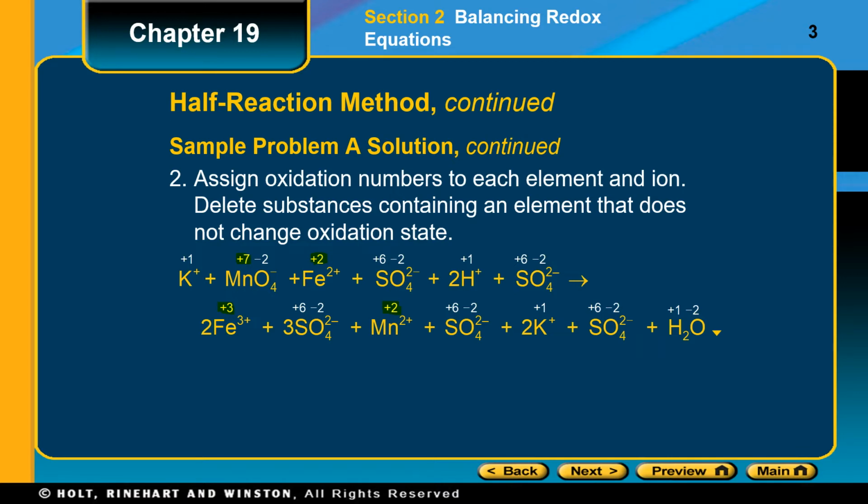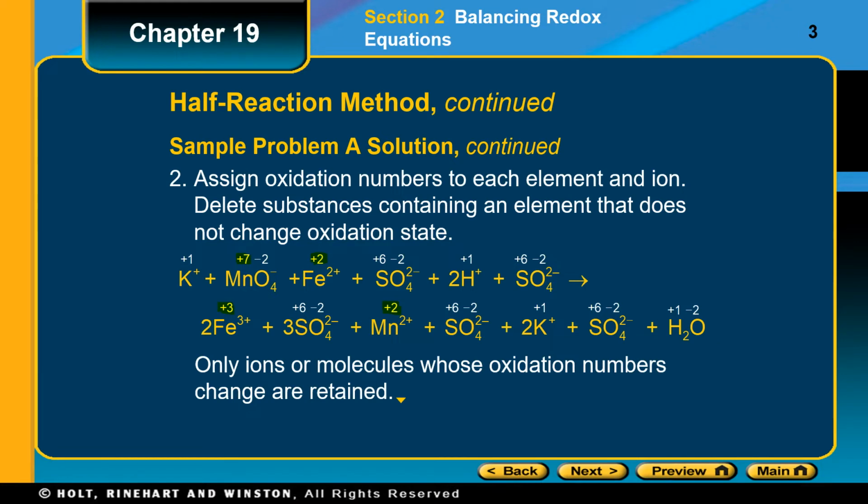And we have a lot of sulfates that have not changed. Potassium hasn't changed. So we're down to primarily just iron and manganese. So this is what we're going to be working with. We've stripped away everything else down to the part that really counts.